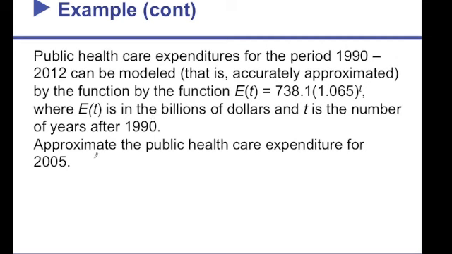We want to find the approximate public health care expenditures for 2005. So what we will do, E, in this case, t was 15, equals 738.1 times 1.065 raised to the 15th power.